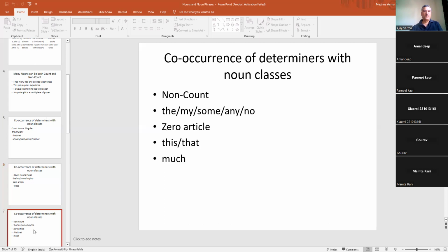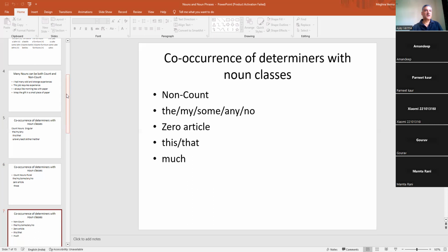And then when we come to non-count nouns, the nouns which are not treated as countable, we can have the, my. By my, again, we mean any one of the possessive adjectives, some, any, no. They can also, just like plural countable nouns, be used without an article, zero article. This, that, and much.